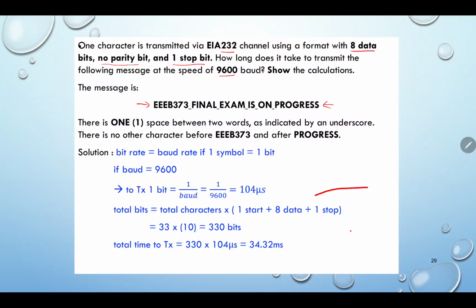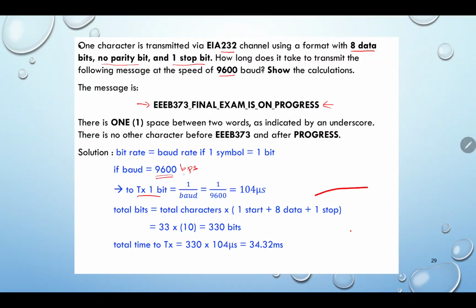So here how we actually do the calculation is, first we try to find out, in order for us to transmit one bit, how long does it actually take? So what is actually baud rate? Baud rate is the number of bits per second. So when we say 9600 bits per second, if we set the baud rate as 9600, it means that in 1 second it can send 9600 bits.